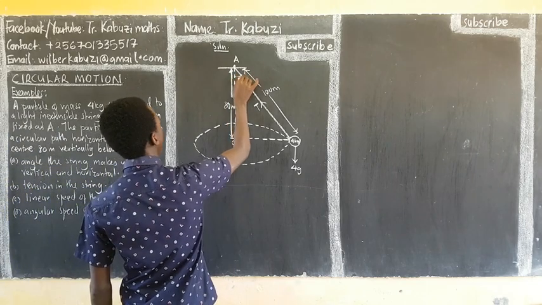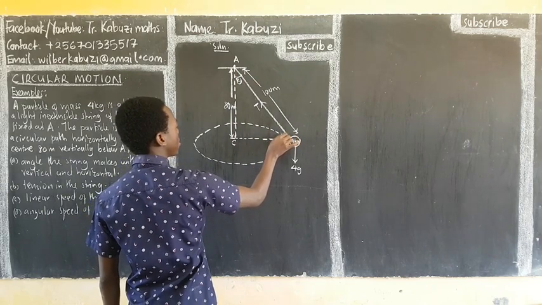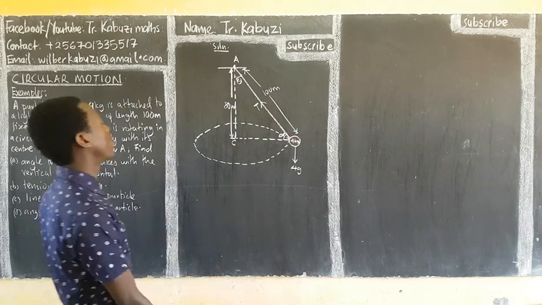If I call this angle theta, then I can call this one alpha. Let me call this one theta, and let me call that angle alpha like that.